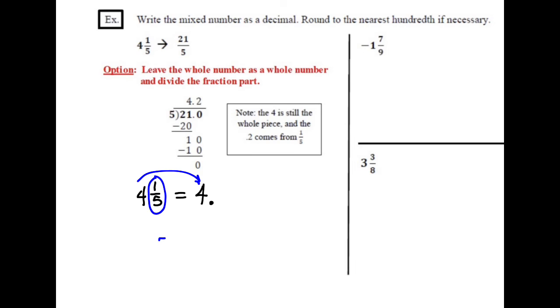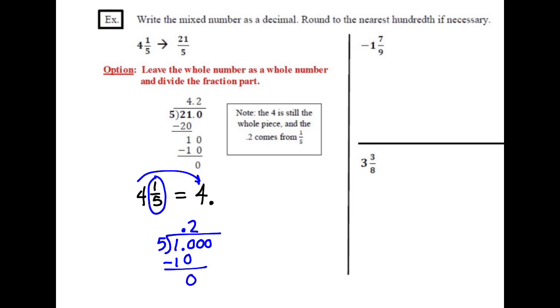So bottom into top. It won't go, so I need to add a decimal and some zeros. Decimal is going to come straight up. So 5 won't go into 1, but it will go into 10, right? So I didn't need all those extra zeros. I just have it write 3 because I might need them.